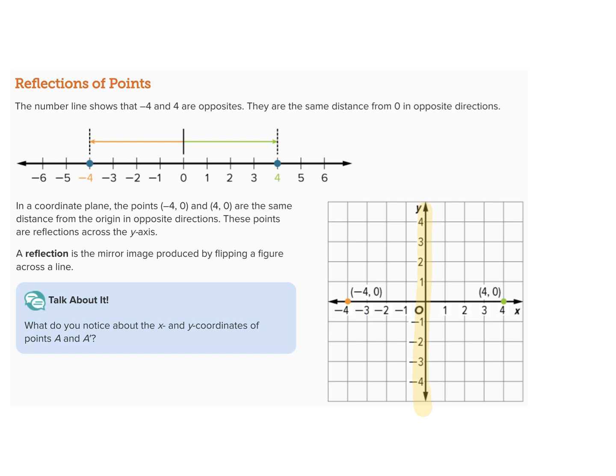So a reflection is just the mirror image that you get when you're flipping a figure across a line. It's as if I folded this piece of paper, if this were a piece of paper, and I folded it, I would know that this point would meet up perfectly with this point.